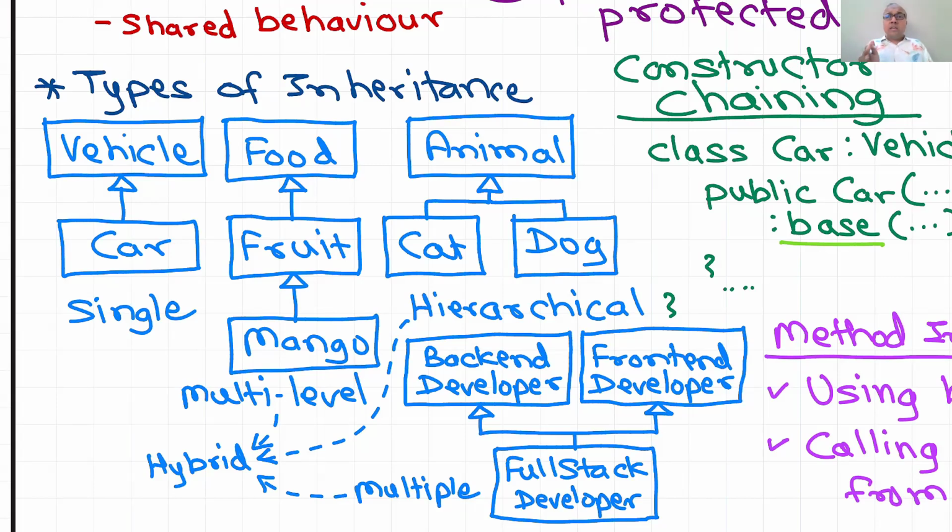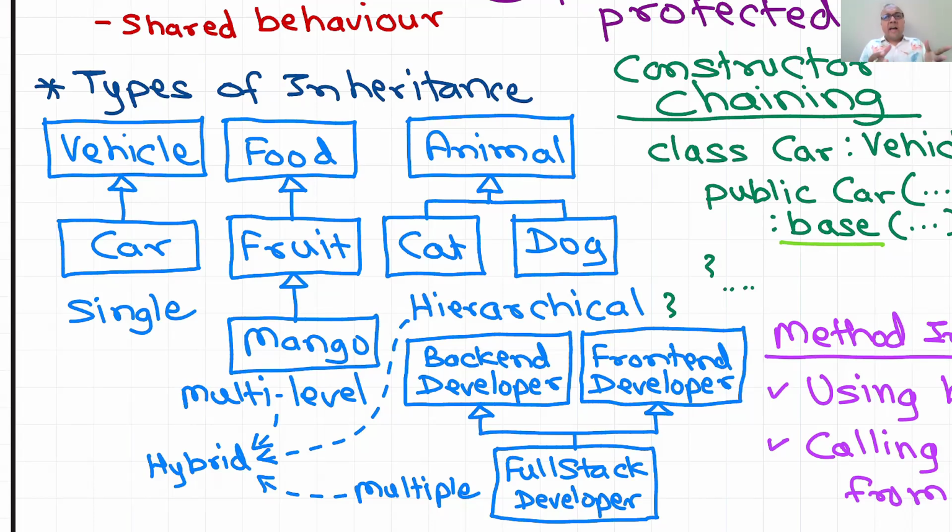Now, there is another special type of inheritance called hybrid inheritance. And what is hybrid inheritance? It is nothing but any combination of multi-level, hierarchical, or multiple inheritance. If you are making any mixture of it, then you can call it hybrid inheritance.